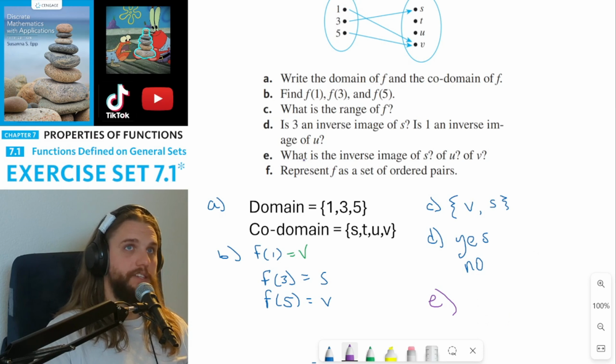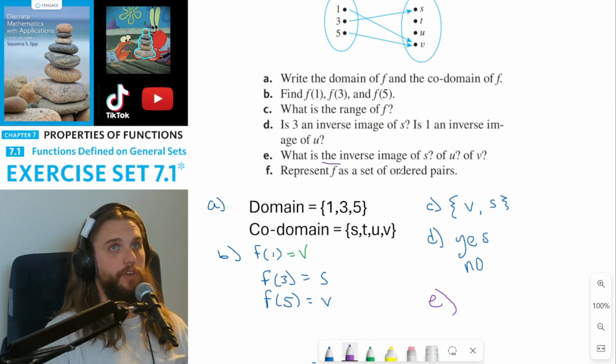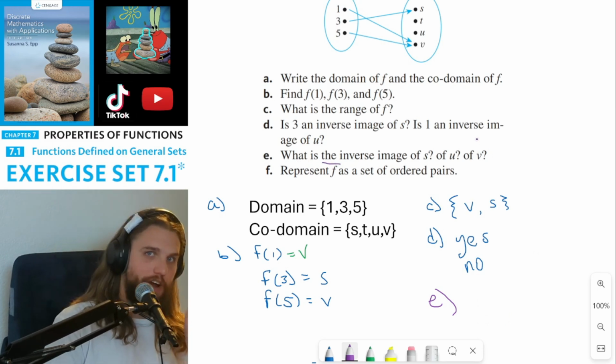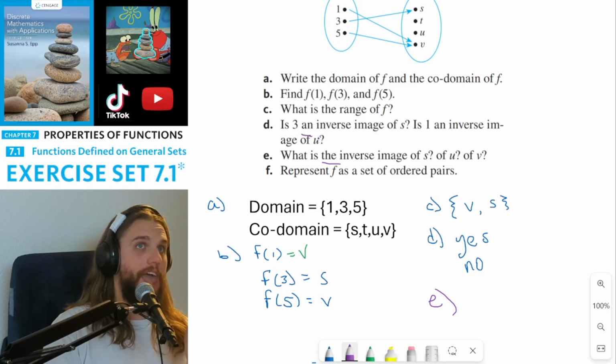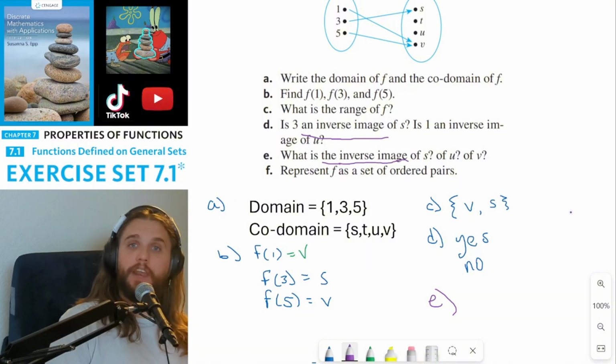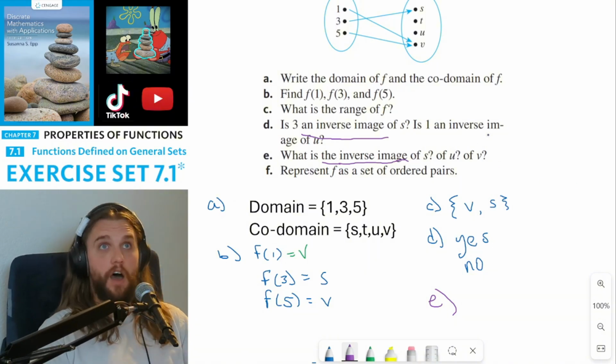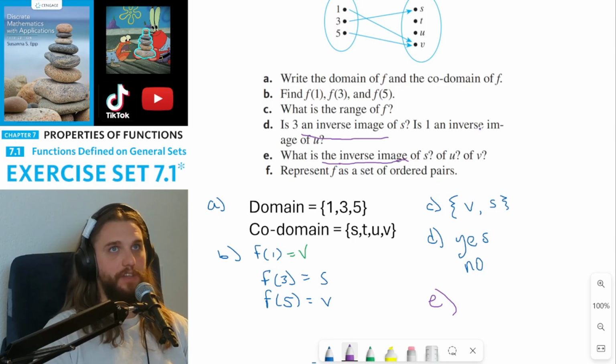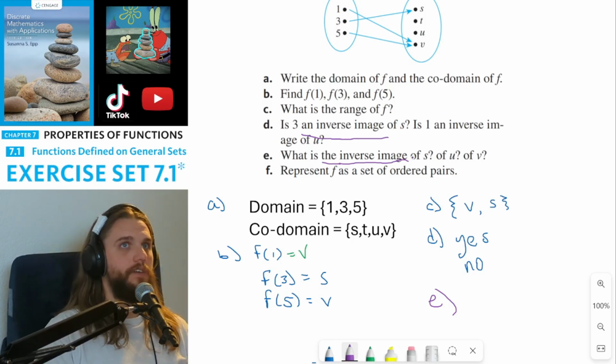Now, part E is asking, what is the inverse image of S? There is a huge difference between an inverse image and the inverse image. An inverse image is an element of the inverse image, which is a set. So that means that the inverse image of S is actually a set containing 3.